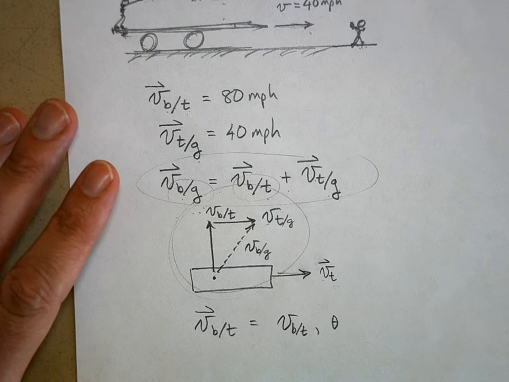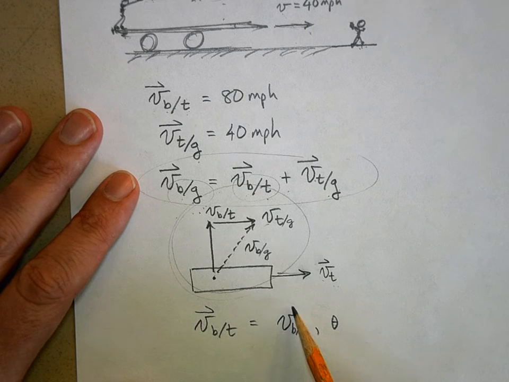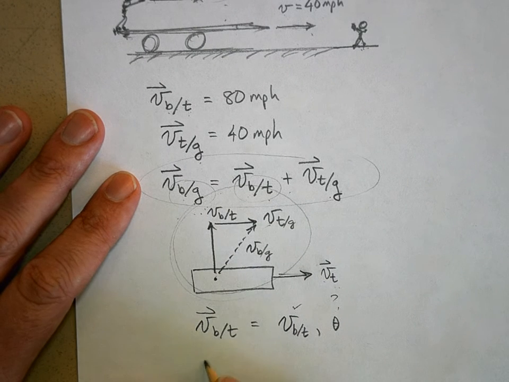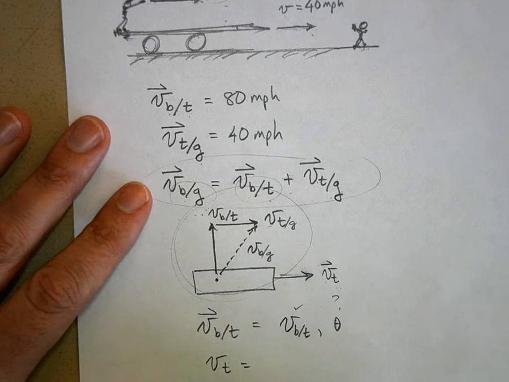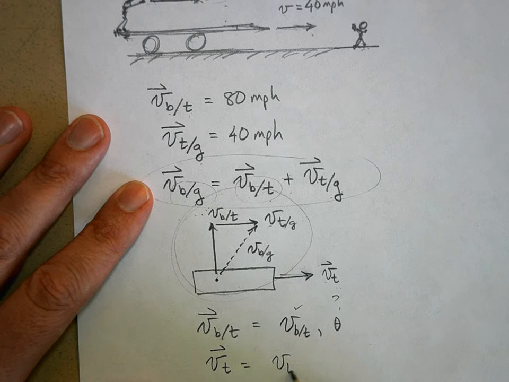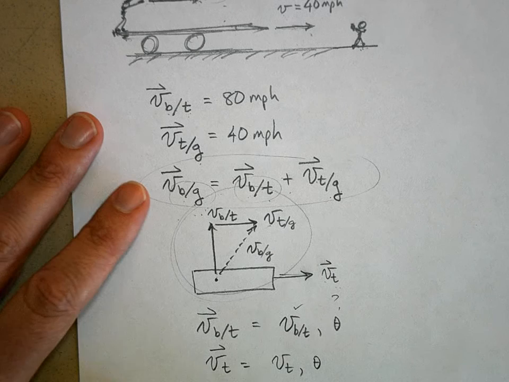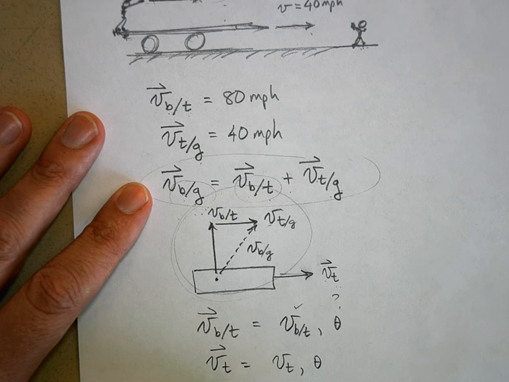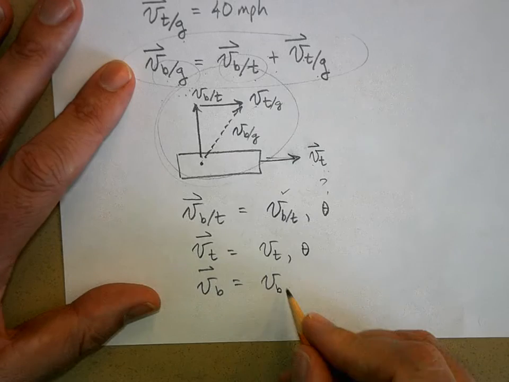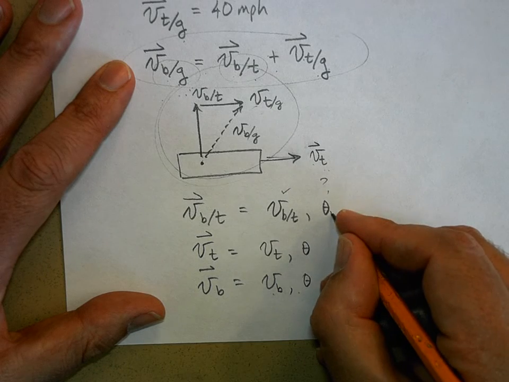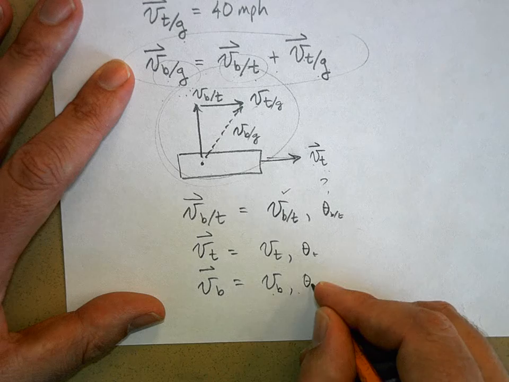So you could have a problem where they give you the speed, but they don't give you the direction. The velocity of the train, they could do the same thing. The velocity of the train has a magnitude and a direction. And then the velocity of the ball has a speed and a direction to it. This is the ball compared to the train. This is the train. This is the ball.